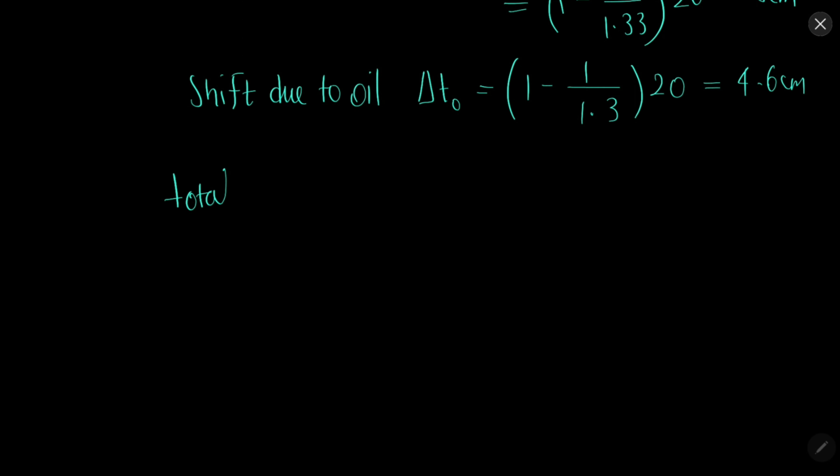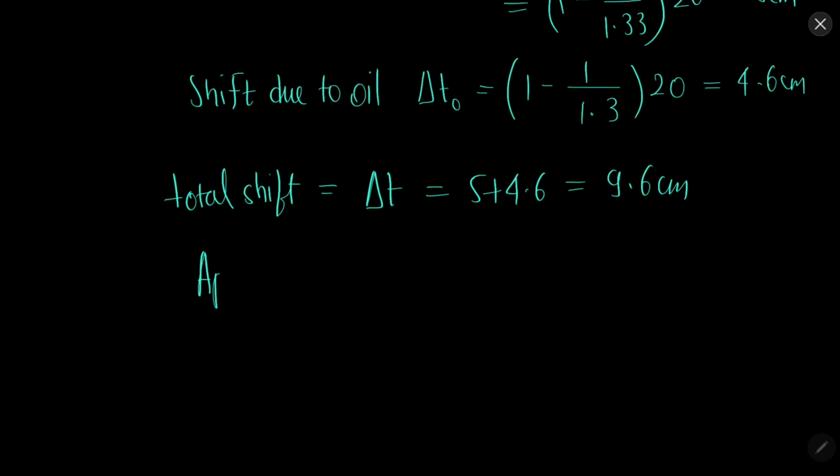So the total shift will be equal to del T, 5 plus 4.6, 9.6 centimeter. So apparent depth will be 40 minus 9.6, that is 30.4 centimeter below the surface.